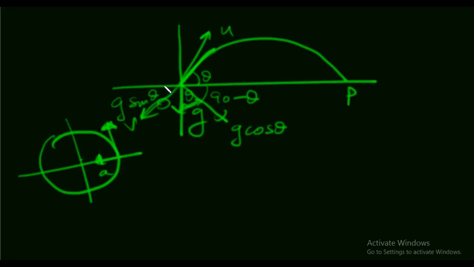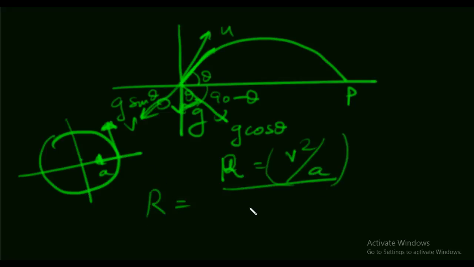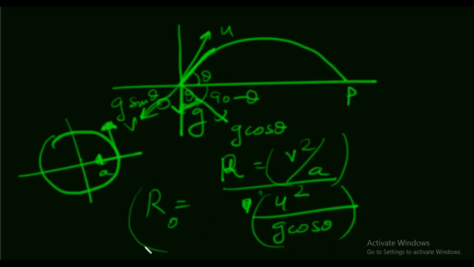Now at O, this won't be included. Earlier for a circle we had r equal to v square by a, or a equal to v square by r, right? So here v is u, and a is g cos theta, the perpendicular component, so r is u square by g cos theta. This is the radius of curvature at O.